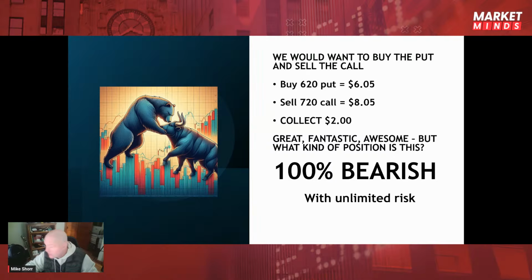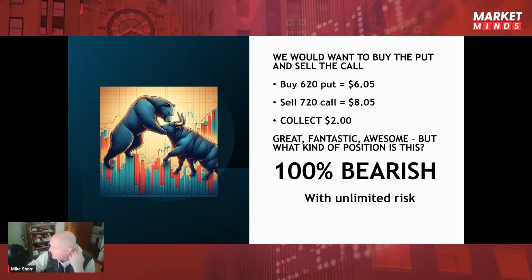Okay. So we could collect $2, but it is 100% bearish. We're long put, we're short call. Yes, we get to collect $2, or at least we were yesterday. But we are 100% bearish, and remember, we are short this 720 call. What does that leave us?